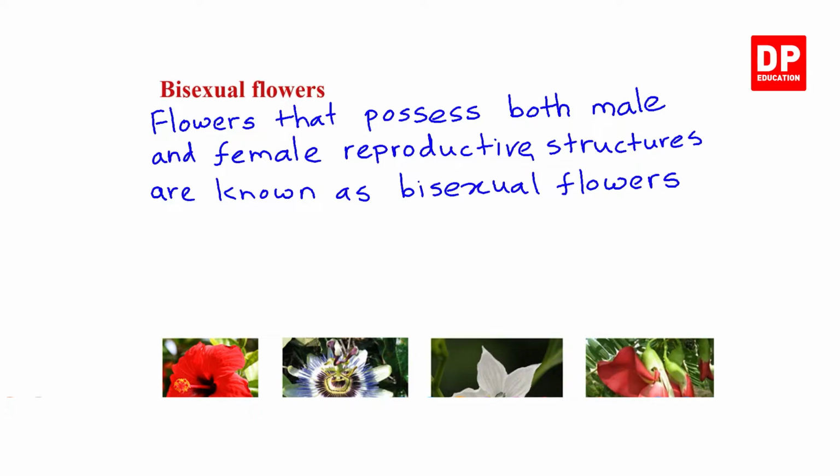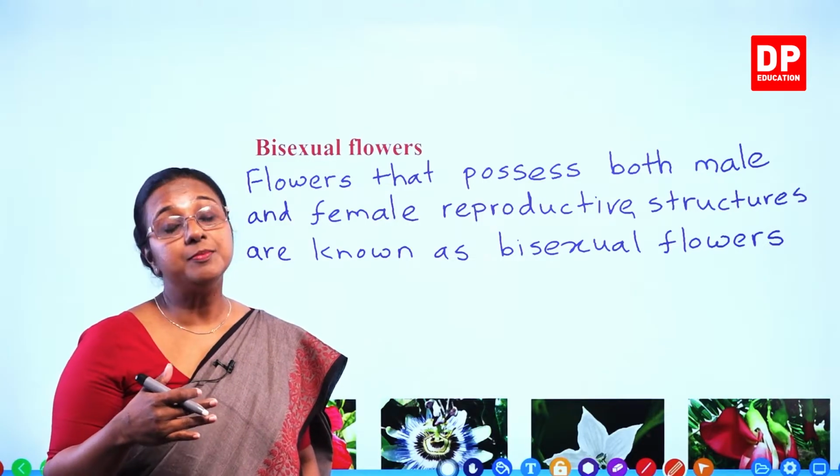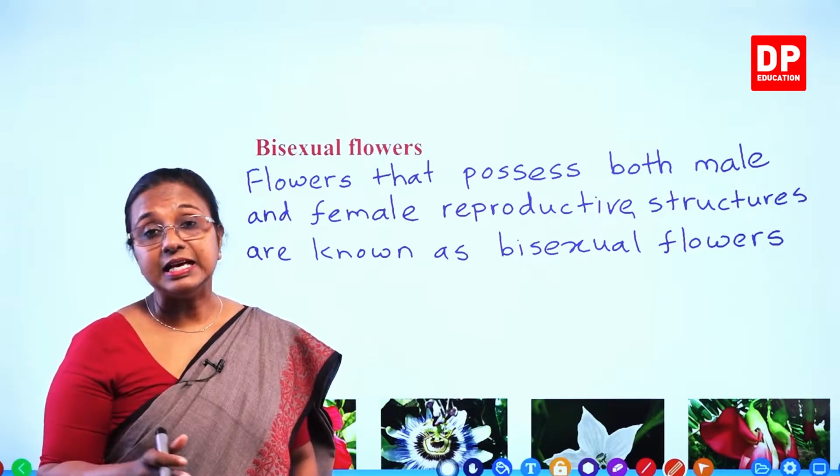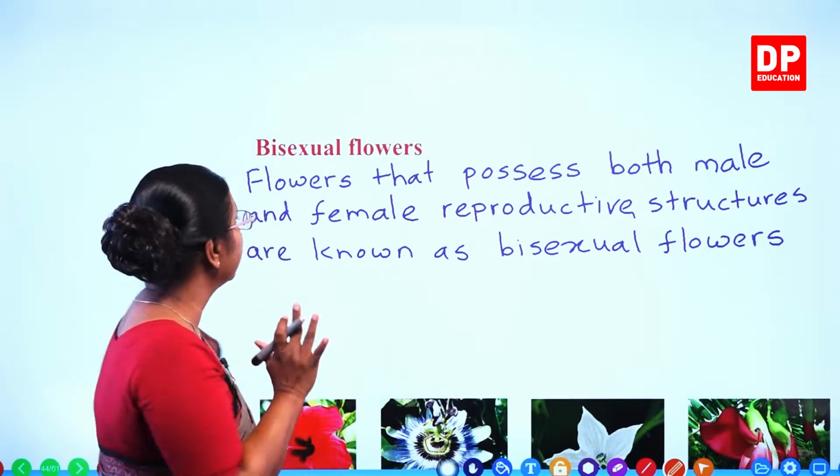So both androecium and gynoecium are present in the same flower. For example, shoe flower, you were able to see both. So that is either the stamen and the pistil. Both are there in one flower.